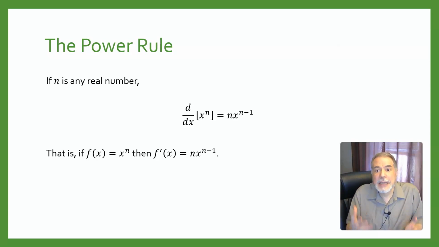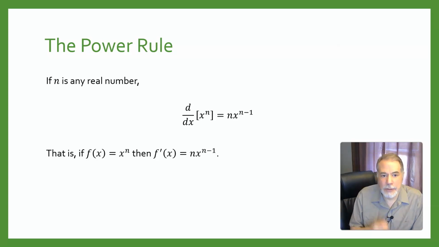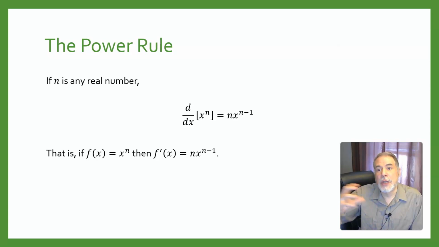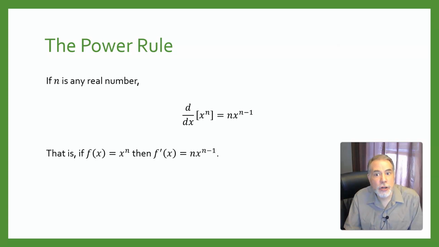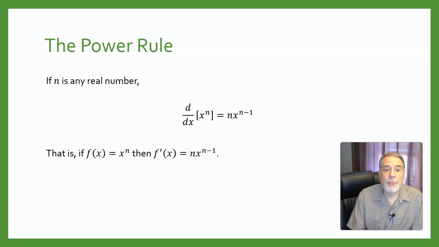But in fact, the same rule applies no matter what kind of number that power is. So it's still true if you have x to a negative power or a fractional power or an irrational power. It just gets harder to prove that. But the rule applies no matter what kind of number that power is, as long as it's a constant.